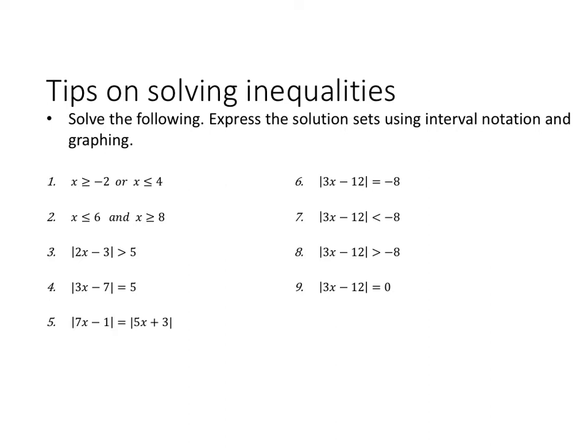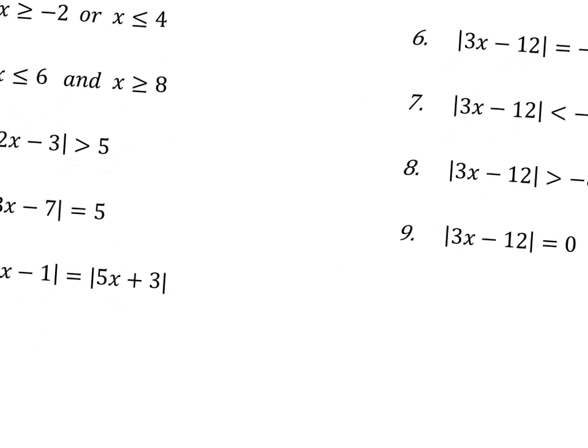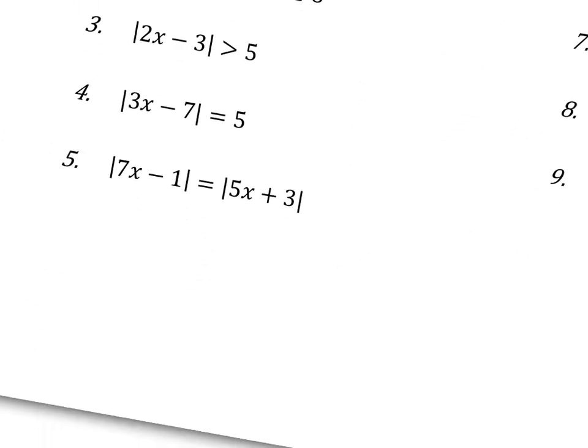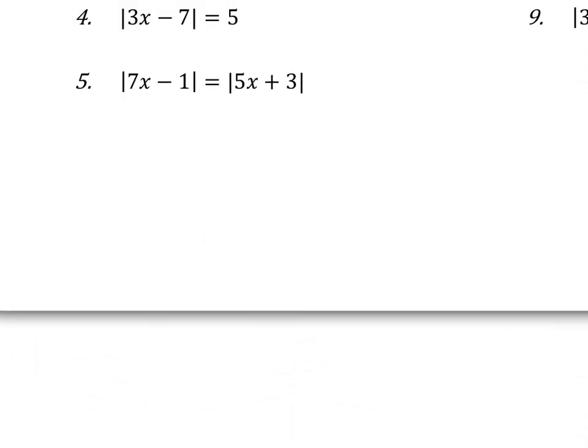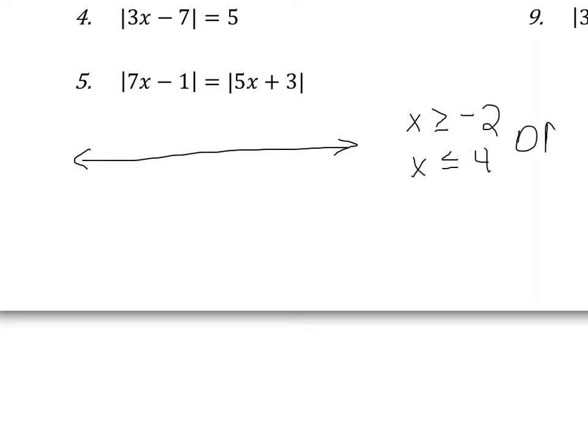The first problem is x is greater than or equal to -2 or x is less than or equal to 4. If you picture a number line, x is greater than or equal to -2 or x is less than or equal to 4.